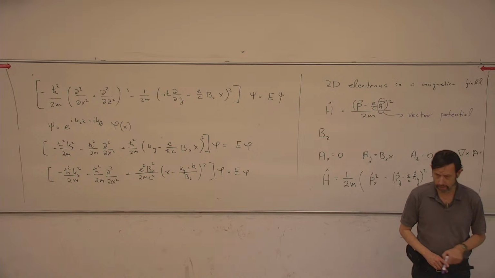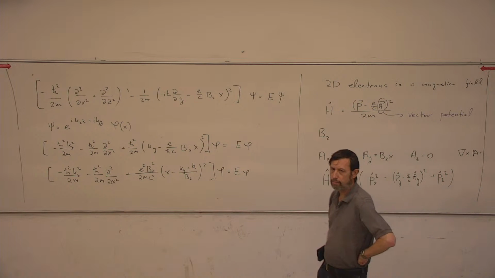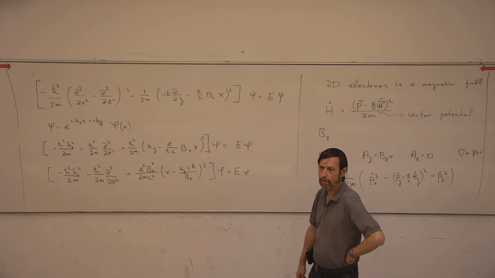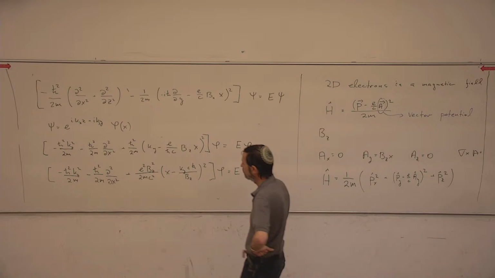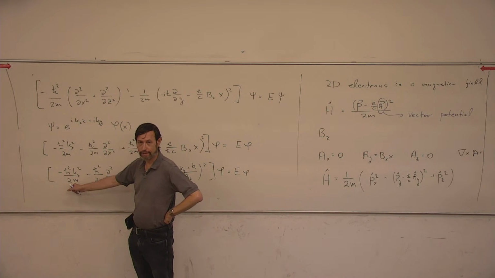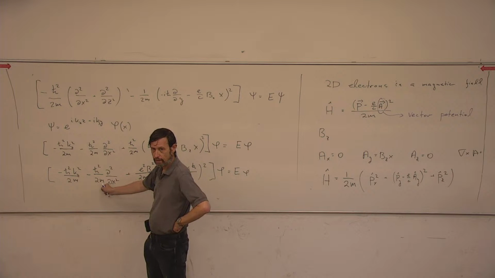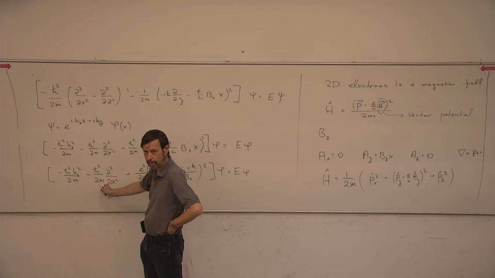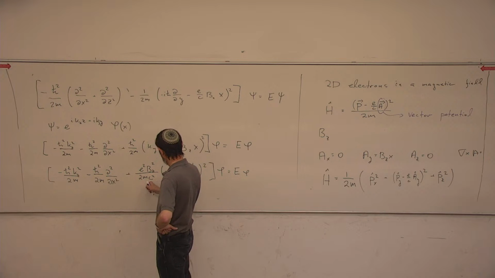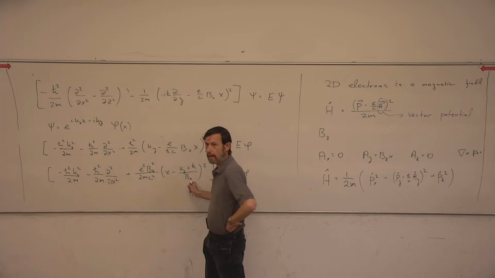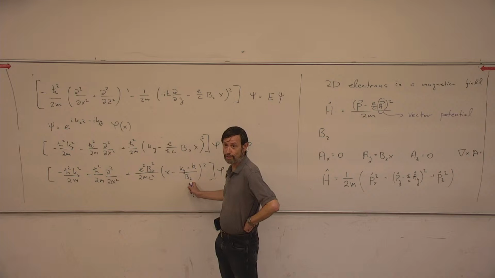It looks a bit frightening, but actually this is an equation that you have solved in quantum mechanics. Why? This is a constant, nothing to gain. This is a term of the second derivative in x. This is actually a potential.